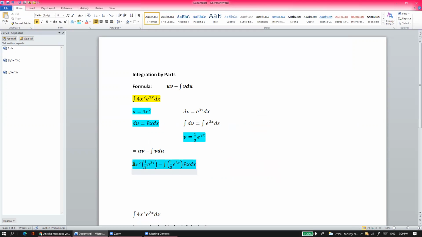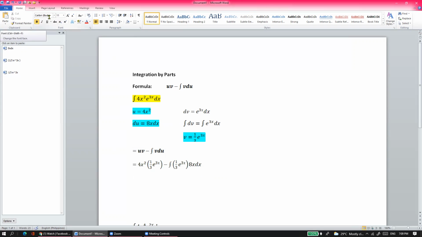So initially, ito yung ating equation, yung working equation natin, part ng ating solution. Now, let us simplify the equation now. So 4x squared times 1/3 of e to the 3x, I think this is 4/3 of x squared e to the 3x. So let's do that.